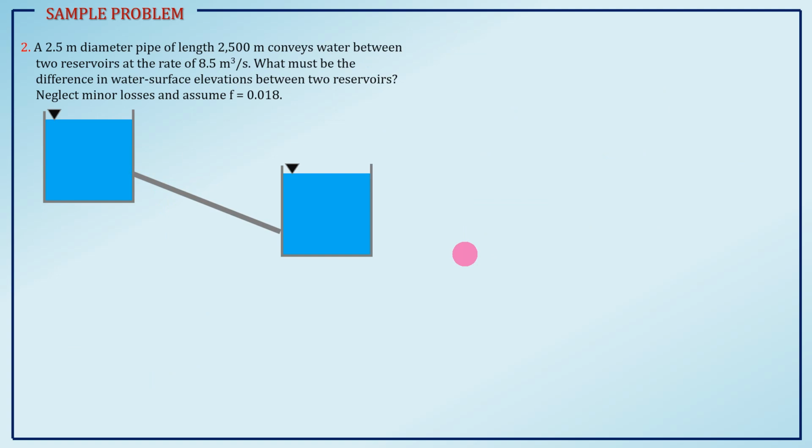What must be the difference in water surface elevations between the two reservoirs? Neglect the minor head losses and assume F is equal to 0.018. So, let's list the given properties of our pipe. The pipeline has a diameter of 2.5 meters.